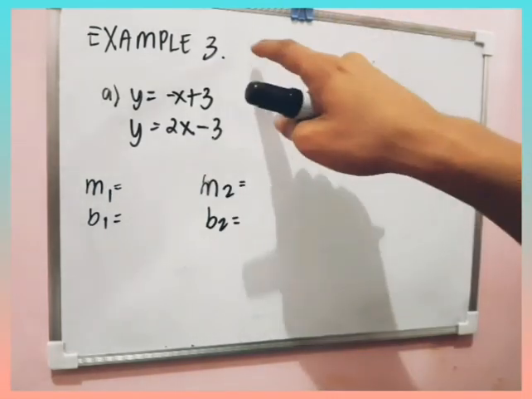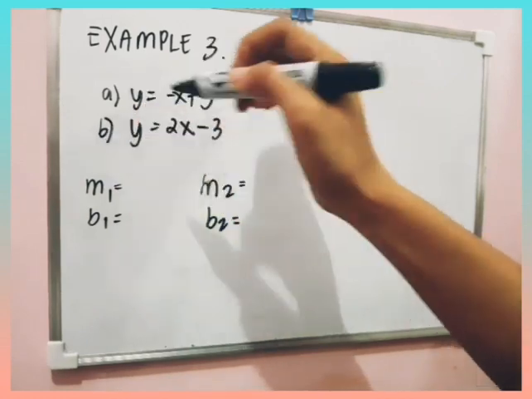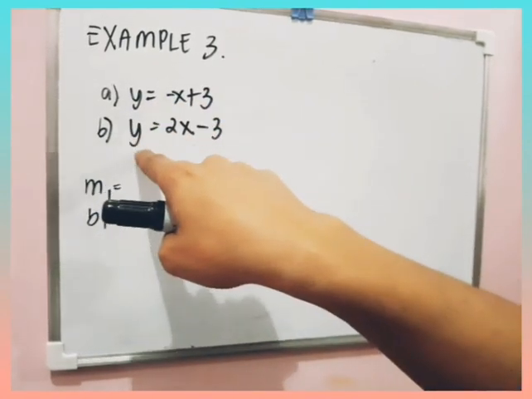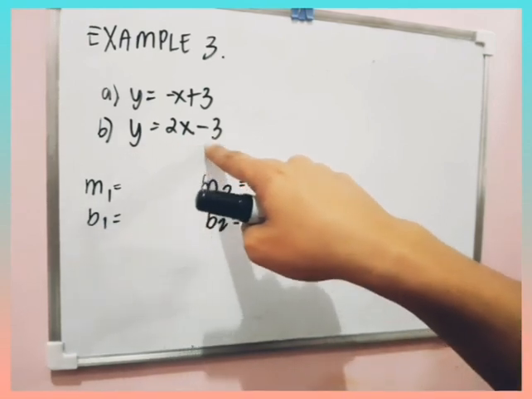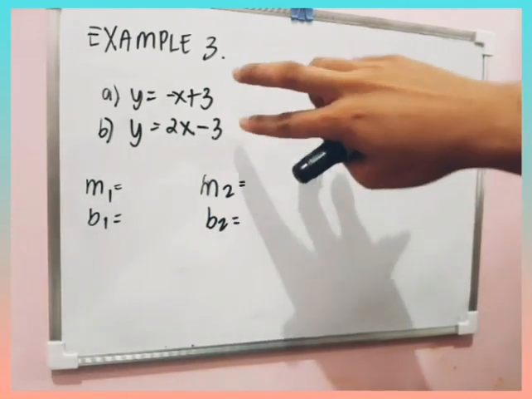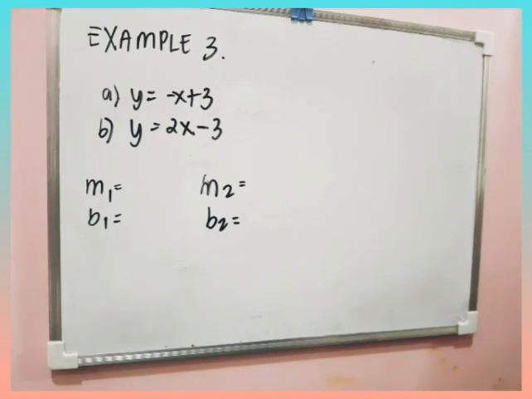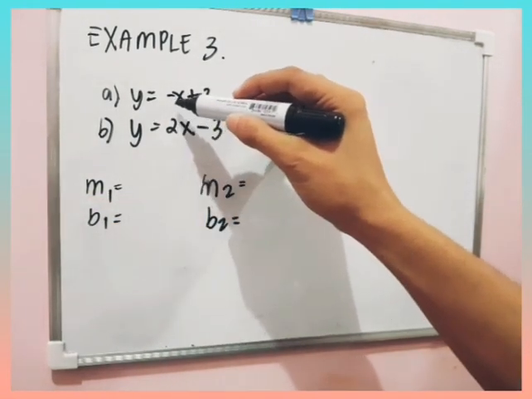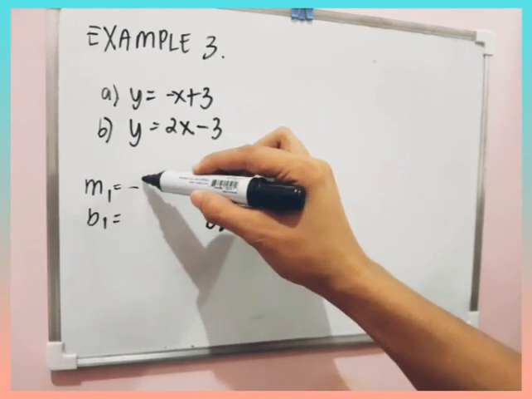Alright, for our third example, our equations are y is equal to negative x plus 3 and y is equal to 2x minus 3. So, again, nasa slope-intercept form sila. Identify natin yung slope. M is, itong katabi ng x, negative 1.